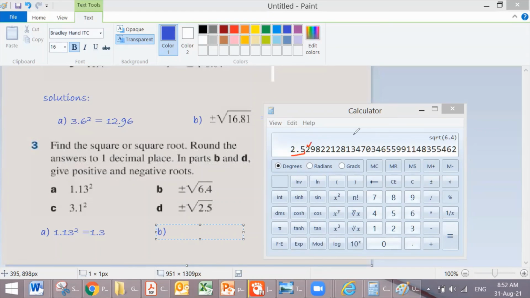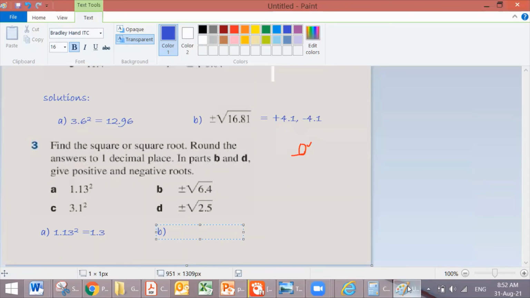This is 2. 2 is less than 5, so I will not change this number. In the previous one I changed the number because it was greater than 5, but this time I will not change it because 2 is less than 5. Okay, so I will just write 2.5. Yes, I will write here only 2.5. And also I will write the plus and minus values. Okay, so I hope you have understood this.